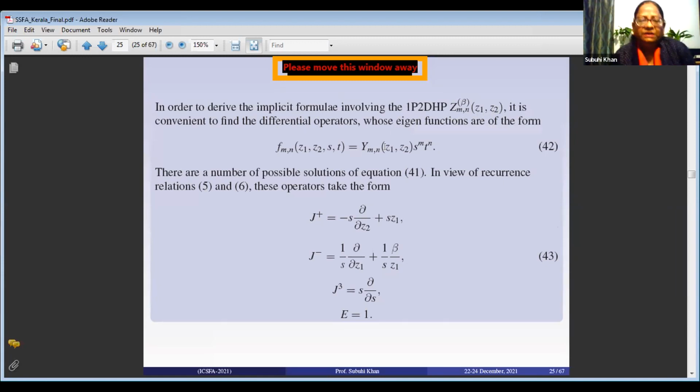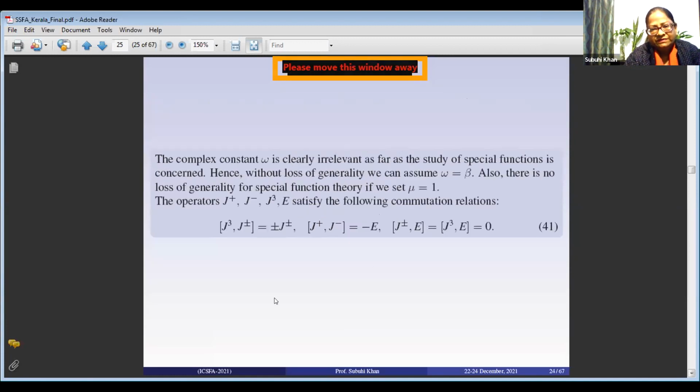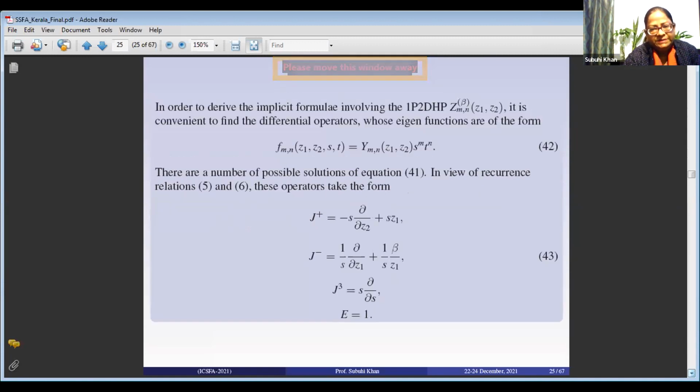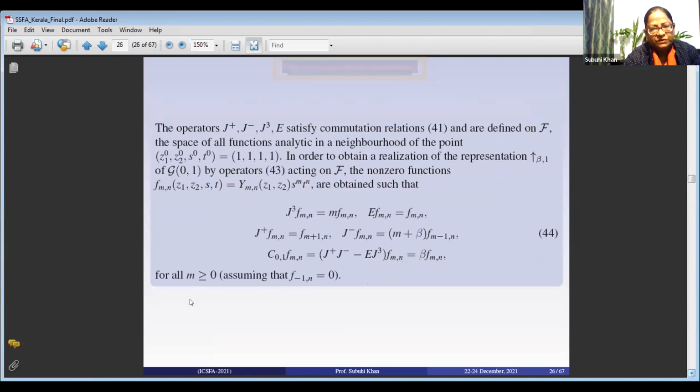And now the work starts, and we find the operators. Operators should be such that they satisfy these relations. And also we will see that they should satisfy many more relations, that is these things. So these operators satisfy commutation relations 41, and they are defined on the space of all functions which are analytic in the neighborhood of this point.